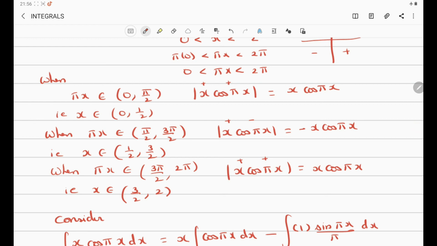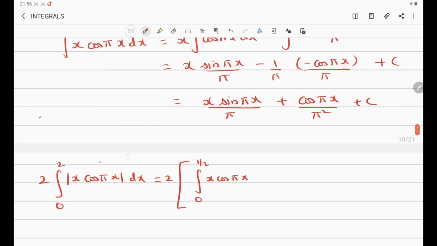So this is the first interval 0 to half, 0 is the lower limit, half is the upper limit for the first integral. Then second one is from half to 3 by 2. So plus half to 3 by 2, it is minus x cos pi x dx, and plus from 3 by 2 to 2, it is again x cos pi x dx.